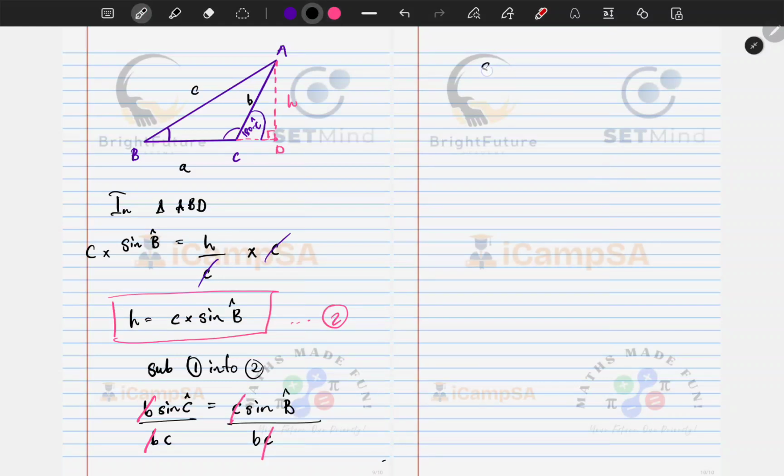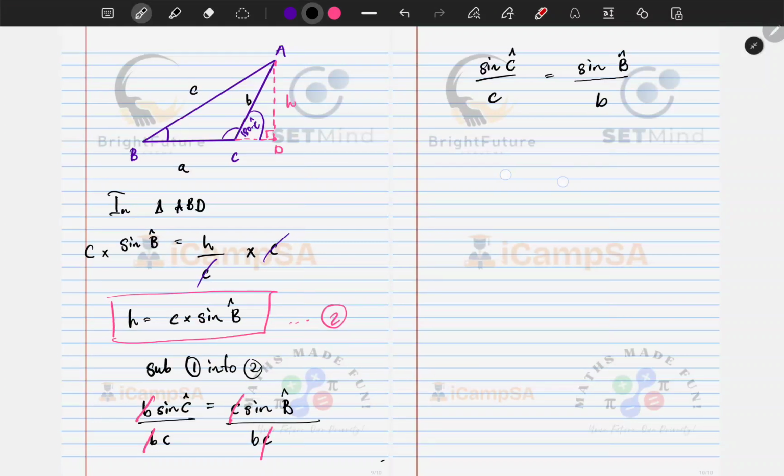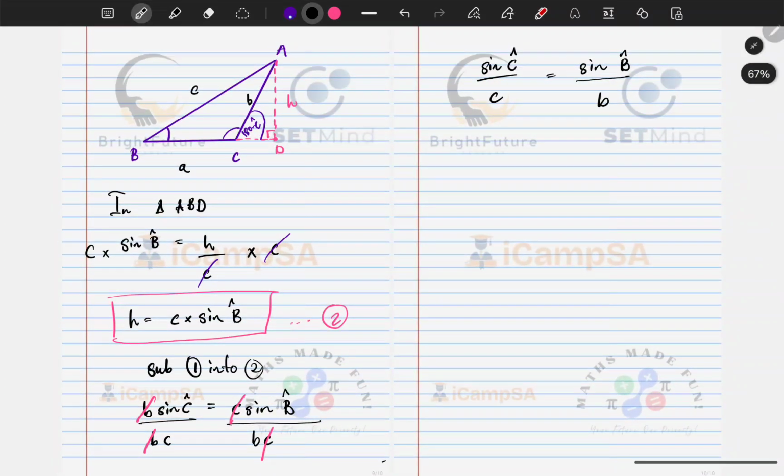Then I'm going to have sine of angle C over C equals sine of angle B over B. So now I have proven the sine rule.